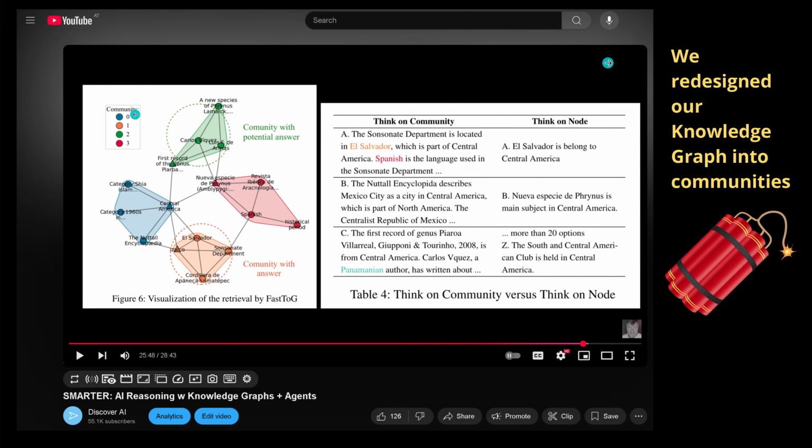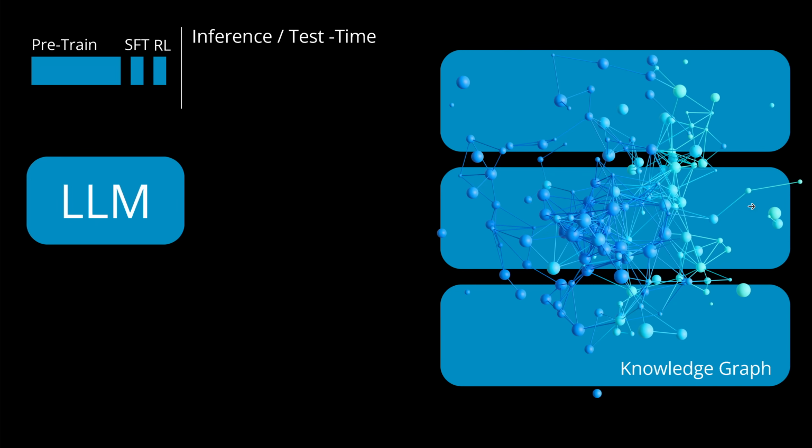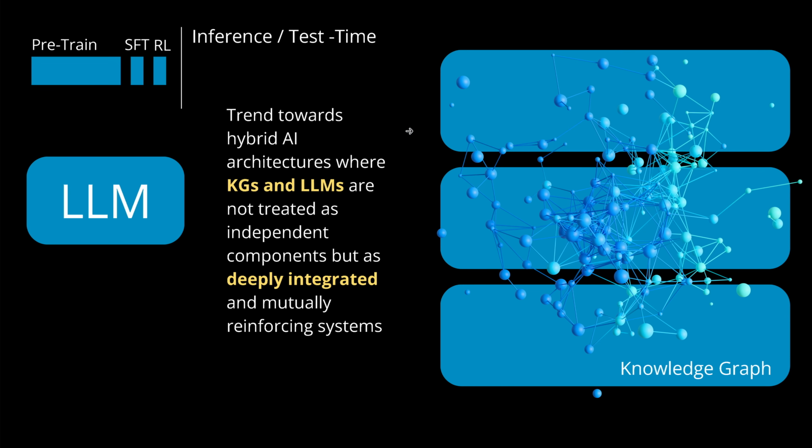And you know what? I noticed the spark a little bit yesterday. Remember when we were reasoning with knowledge graphs and agents? I taught you that if we have a knowledge graph and we can identify communities on this graph, we already started to redesign our knowledge graph into knowledge communities. And today we just go further. Think about this. Let's say we have 3 different ideas how to optimize a knowledge graph integration into LLMs. Brand new ideas.